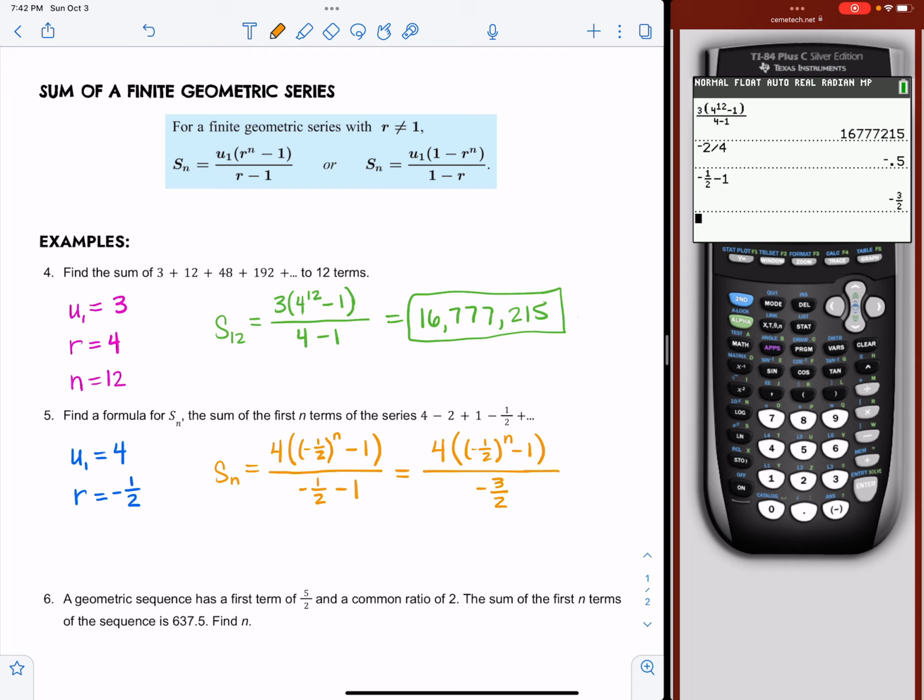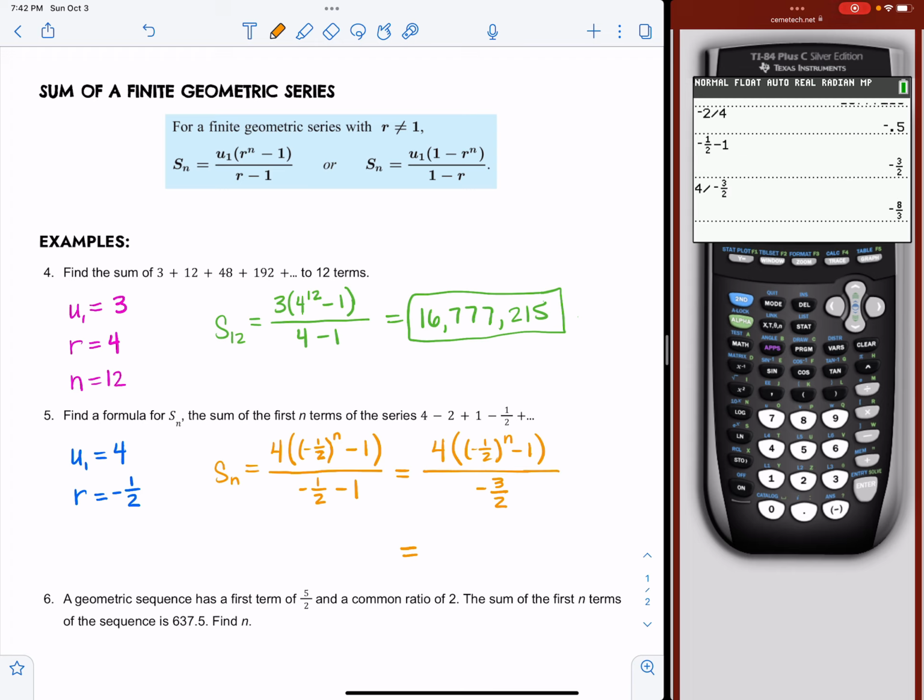We already know that dividing by a fraction is the same thing as multiplying by the reciprocal. So 4 divided by negative 3/2, or 4 multiplied by negative 2/3, it doesn't matter, you'll get the same answer, will end up being negative 8/3.